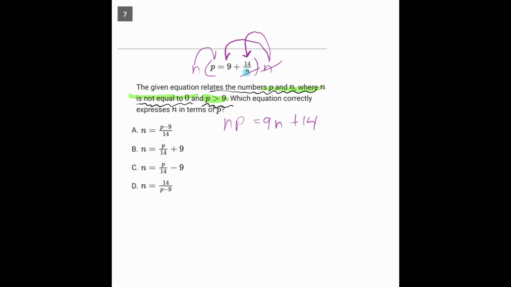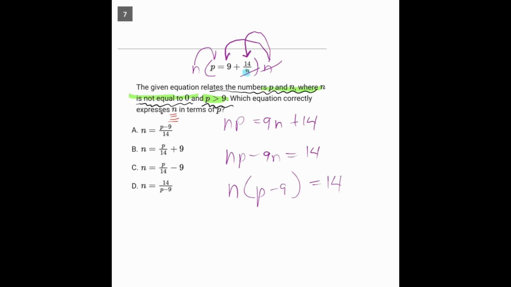Now we're trying to get n by itself. So from here, the thing to do is to take away 9n from both sides, because if we want n by itself, we want to get everything that has an n on one side of the equation. That'll allow us to factor n out. And what does that leave us with on the inside of the parentheses here? P minus 9.